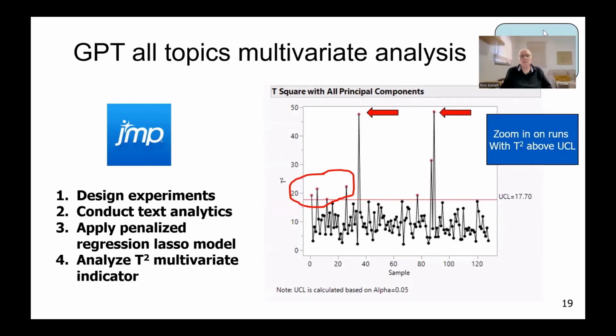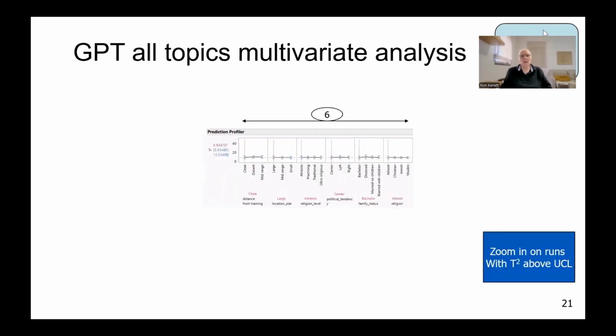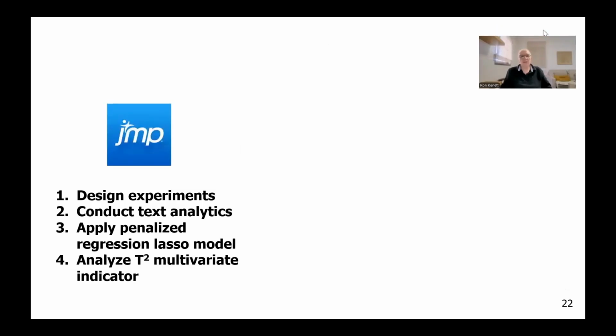If we look at the T-square, we see some prompts that stood out and some prompts that were above the upper control limit, and then all the rest. We did the in-depth analysis, and when we did the generalized regression analysis on the T-square, nothing turned out significant. 6 factors showed up in the lasso after feature selection, and it was all flat.